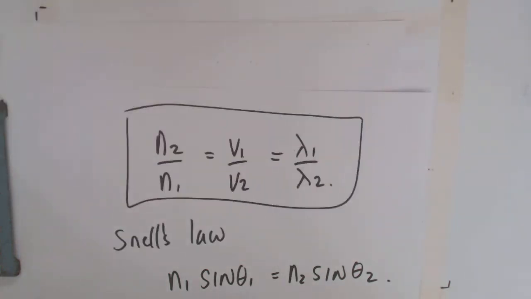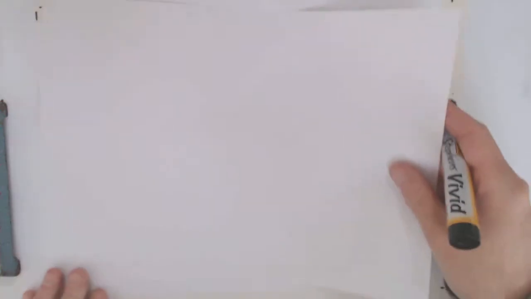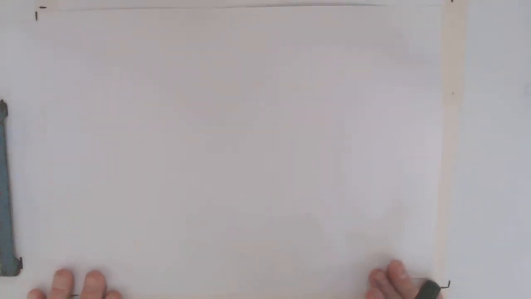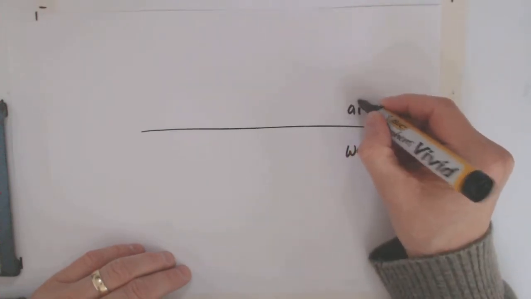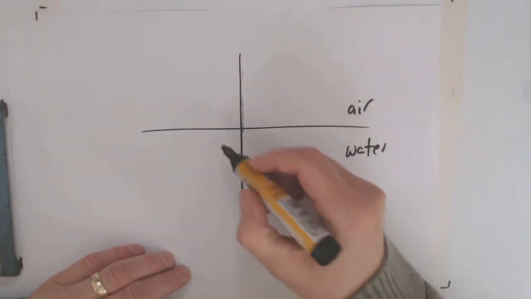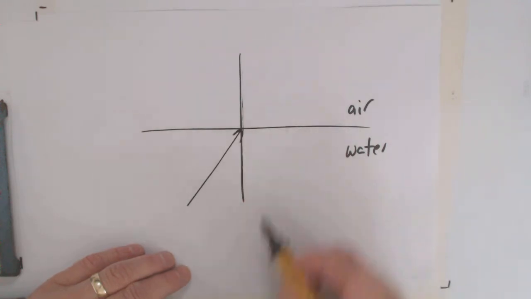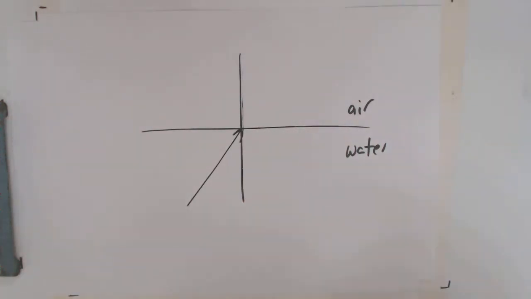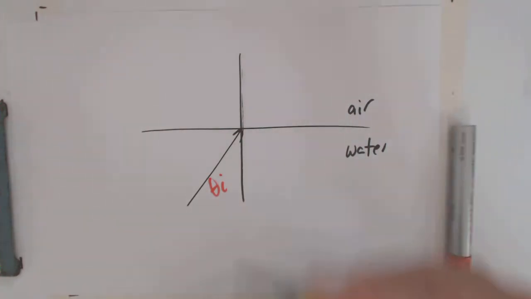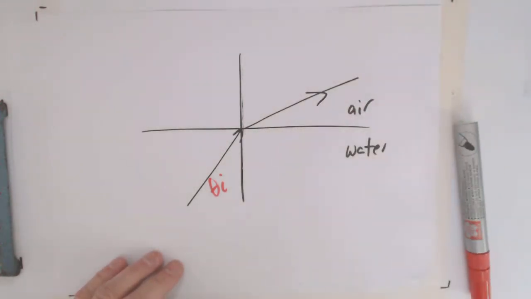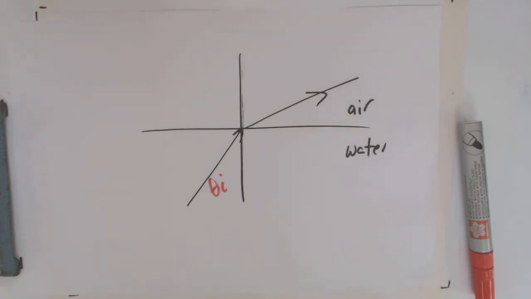Now, what happens when you go the other way, where you're going from water to air, then if that's your incident ray, theta i, then the ray is going to speed up and bend away from the normal.